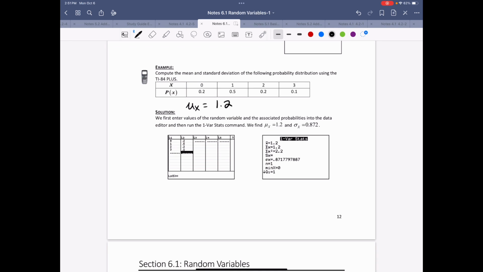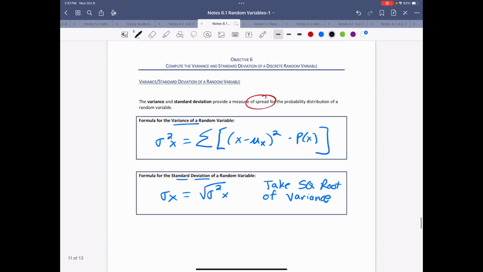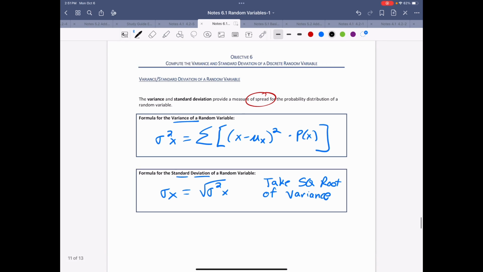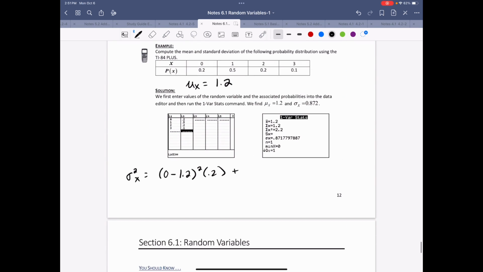So here is the standard deviation by hand. We're going to start with the variance. And what I'm going to do is take my actual data, 0, minus what I expected, 1.2, square it, times the probability. And I'm getting that from my formula right there. If you look at our formula for the variance. And then I'm going to do plus, and I'm going to go with 1.